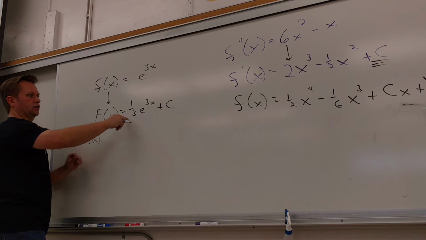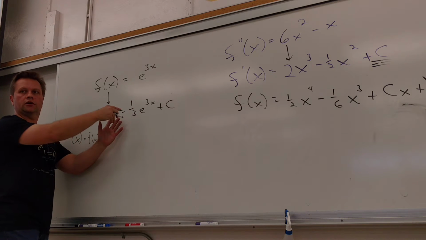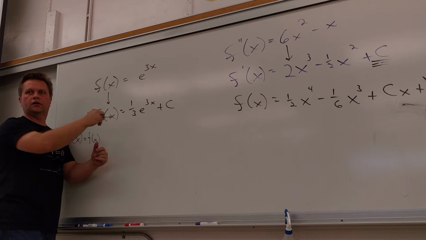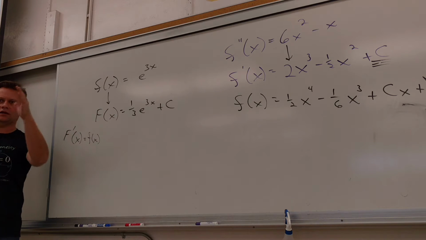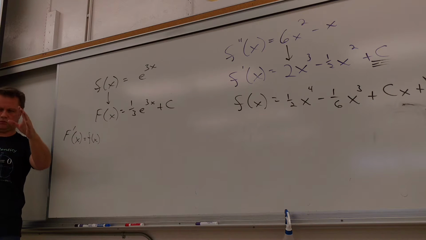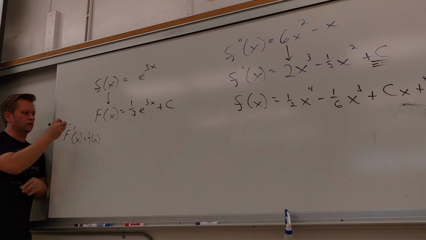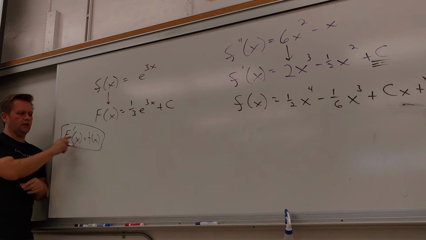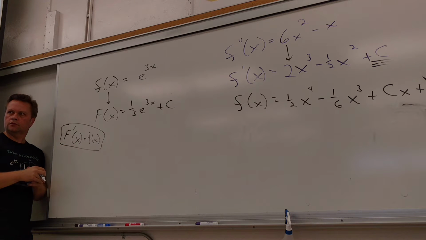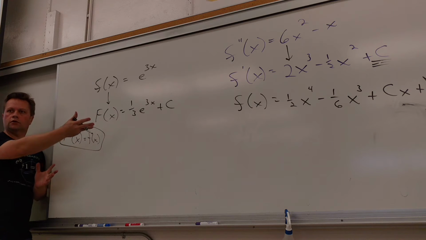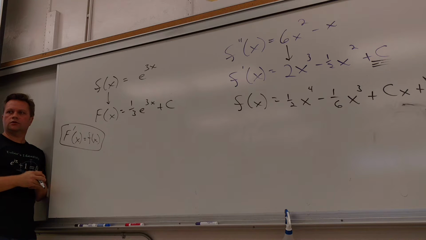In fact, what do you get when you take the derivative of this? How do you check your work? You take the derivative. I totally understand, because it's the changing gears thing. But if you ever see this big F in calculus, normally it's meant to be the antiderivative of little f. So you can always check your work. You just take the derivative and see if you get back to where you started. That's how you check it.